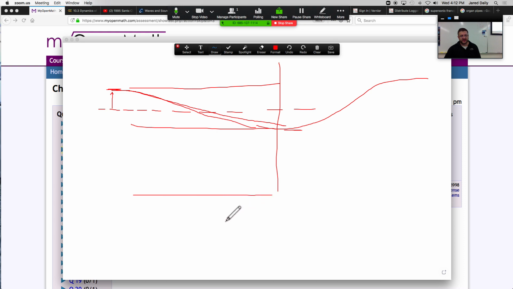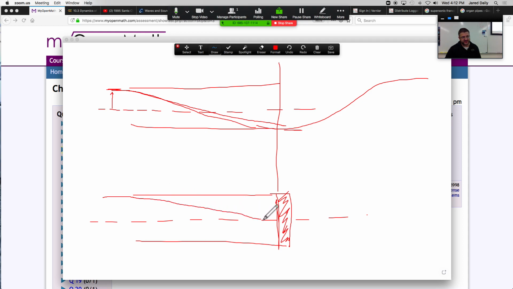For a closed end tube, so this end is now closed off. It has a cap on it down on this end, right? On the open end of it, it can still move around a lot. So the start's up here, but on this end, it has to go to 0. This is my 0 point right here, 0 movement.